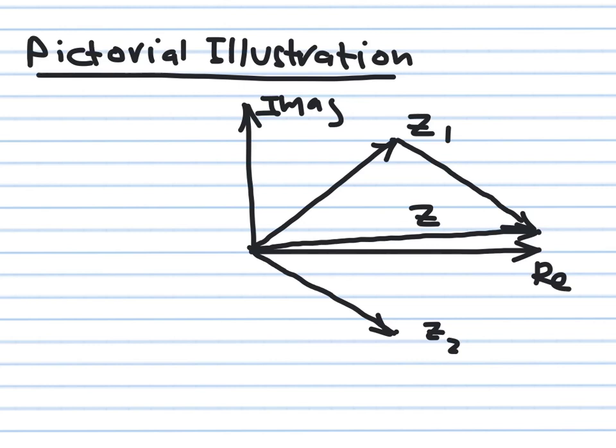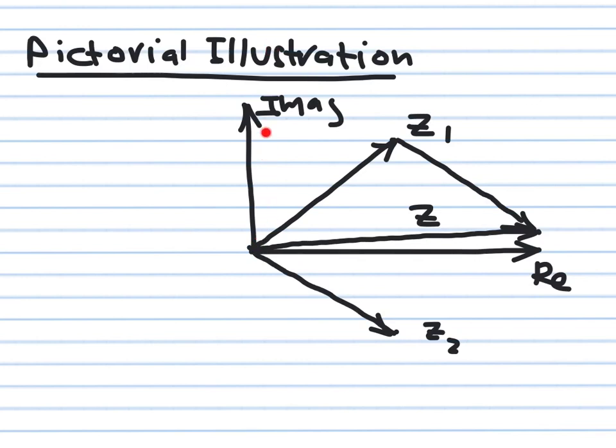Pictorially, it's really like adding vectors. If this is a complex number Z1, and this is a complex number Z2, and you want to calculate Z1 plus Z2, you draw Z2 from the end of Z1, and then this will be the complex number of the summation. It's going to be here somewhere. Of course, if you want to subtract, then you have to reverse this vector first, and then add it to Z1.